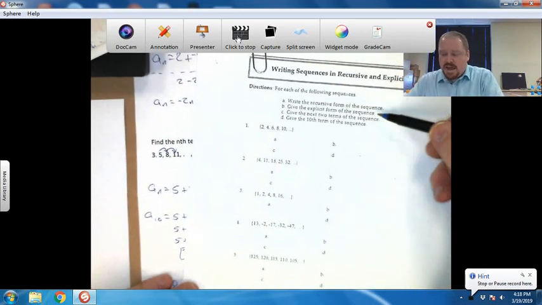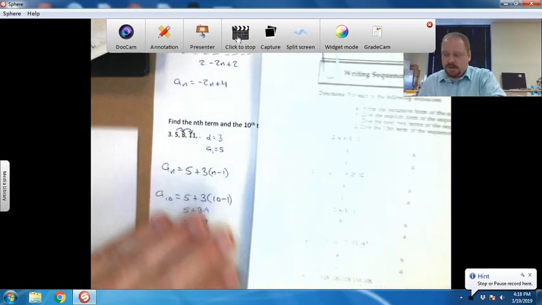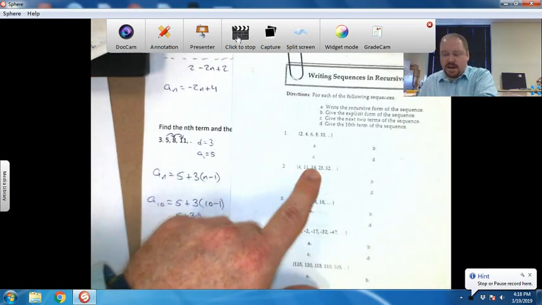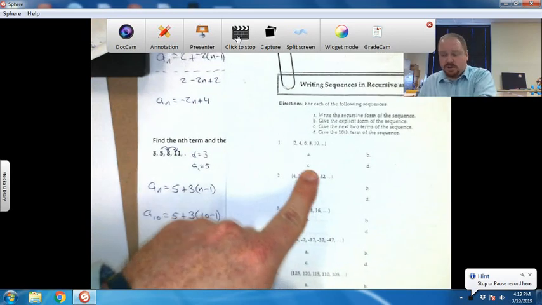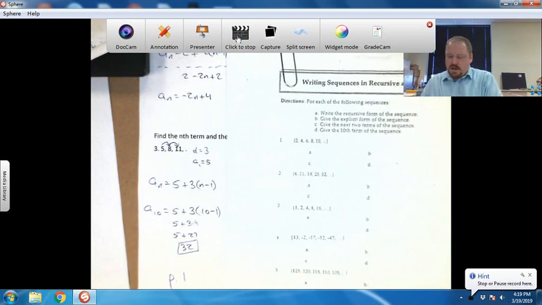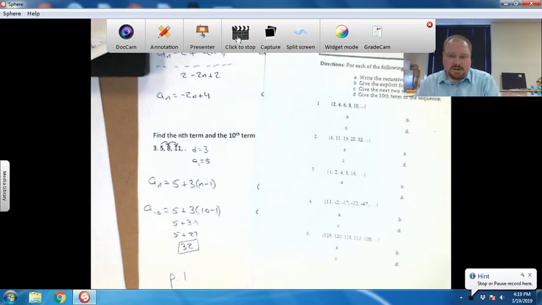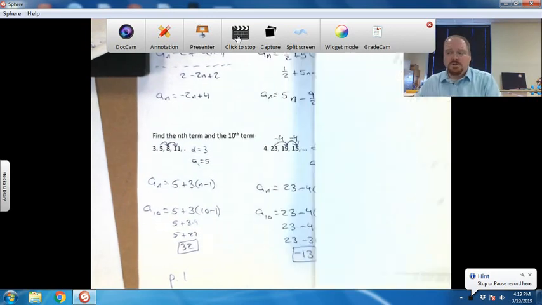Part B asks for the explicit form, which is this right here. C asks for the next 2 terms of the sequence, which you could hopefully do without coming up with a rule. Okay, and then Part D asks for the 10th term in the sequence. So you have all the tools you need for that.